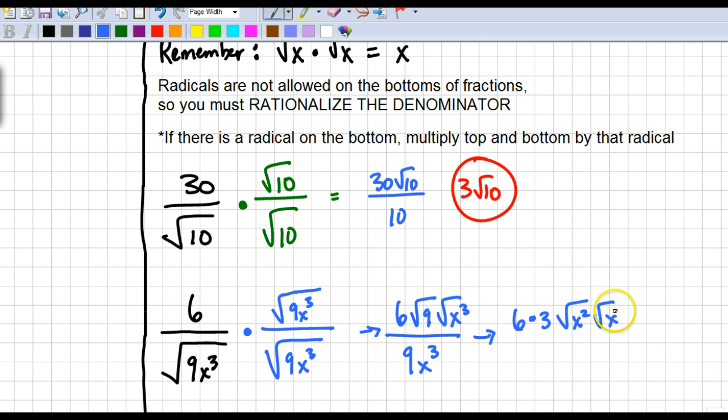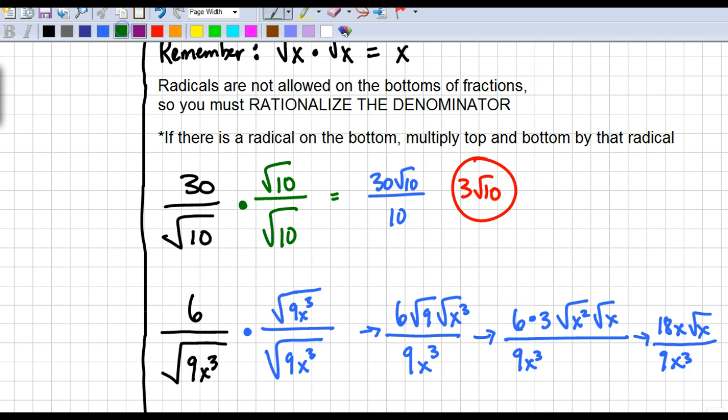The exponents here have to add up to 3, but one of them needs to divide by the 2 because it's a square root. And then on the bottom we still have our 9x cubed. So the 6 and the 3 there becomes 18. And the x squared here is divided by the 2 as the root, so that just becomes an x outside the radical. And then we've got the square root of x still under the radical. And then the 9x cubed.